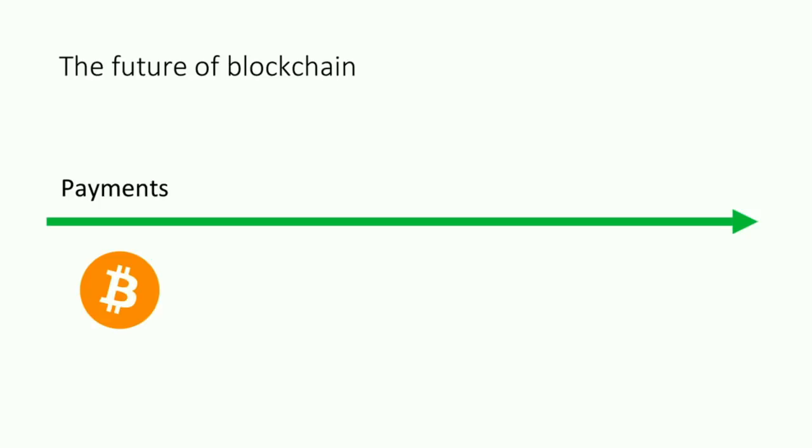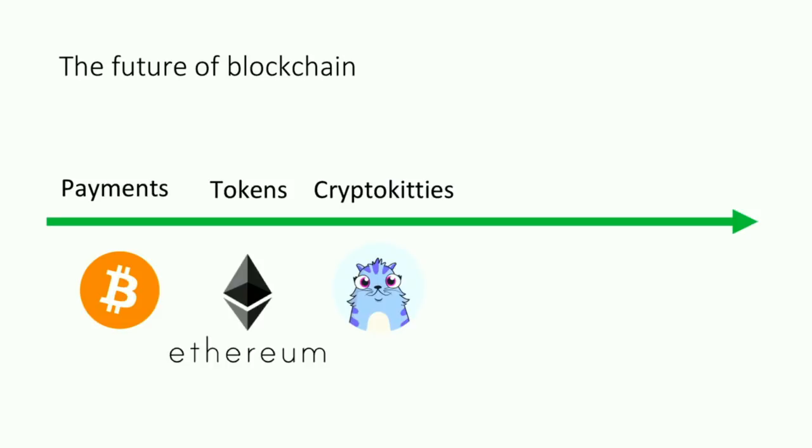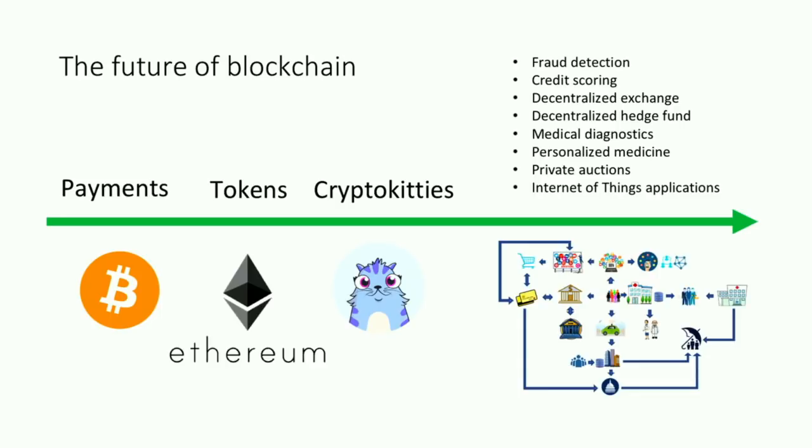It helps with payments, with ICOs, and CryptoKitties. So the question is, in the future, we hope that blockchain can do even greater things, and help us revolutionize many different segments of industry, including, again, financial services, healthcare, IoT, and many other domains.